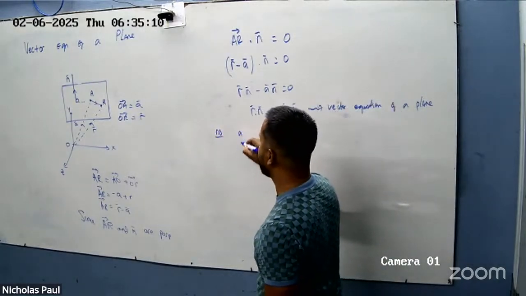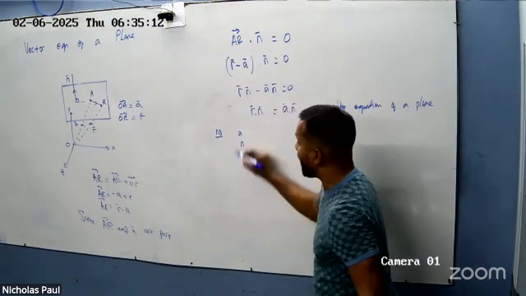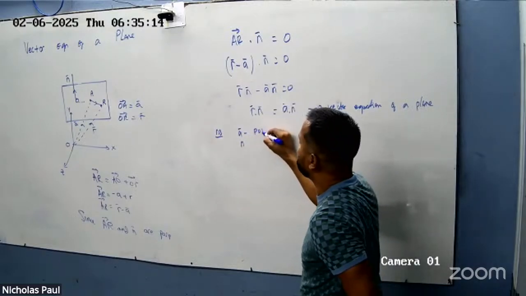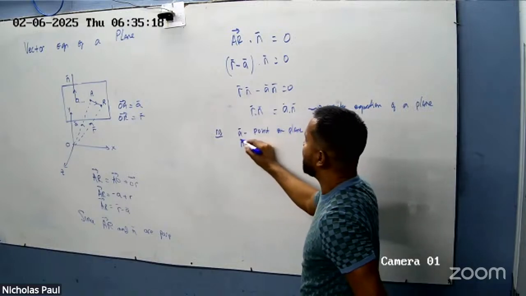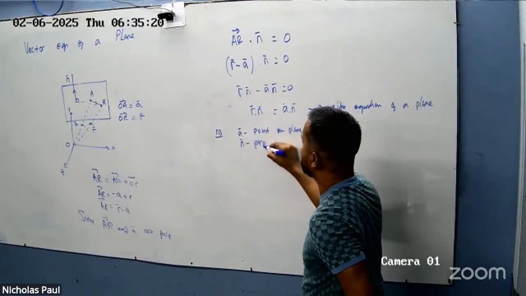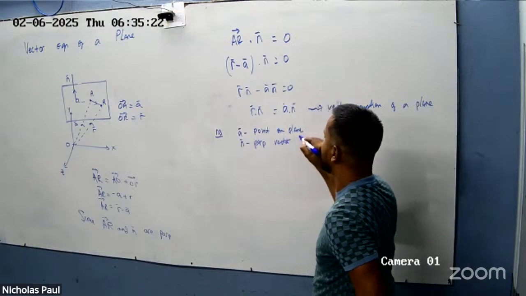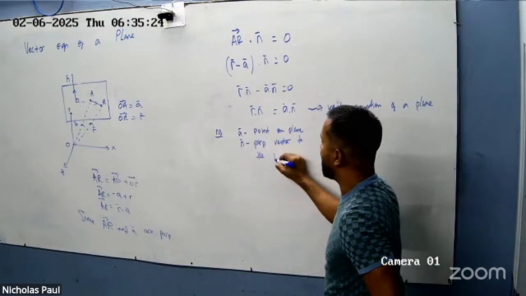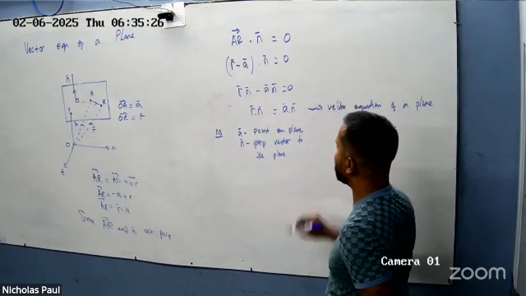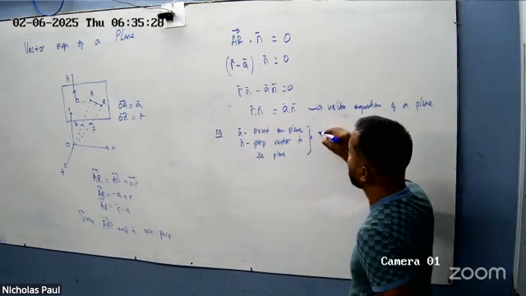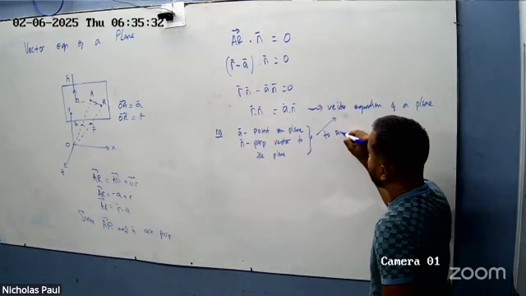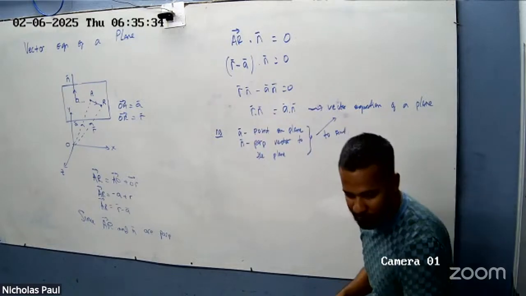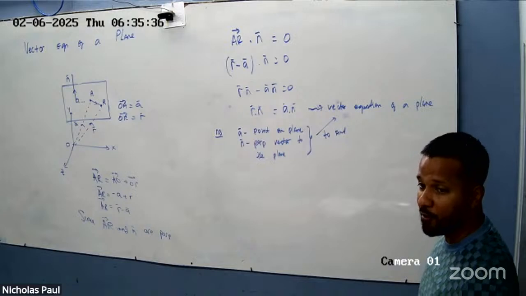We need A and N. We need a point on the plane, and we need a perpendicular vector to the plane. That's all we need. We just need these two things to find this.